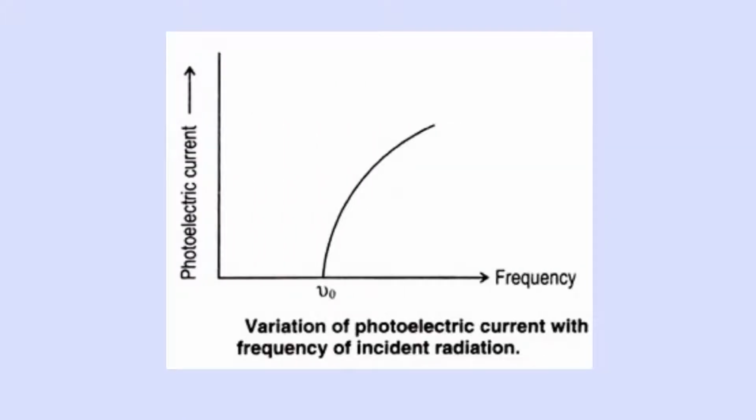If you try to understand this phenomenon with the help of this diagram, then we see that the photoelectric current is generated only when the frequency is ν₀. This ν₀ is the threshold frequency, and no current will be generated unless this threshold frequency is attained. So that was the second postulate.